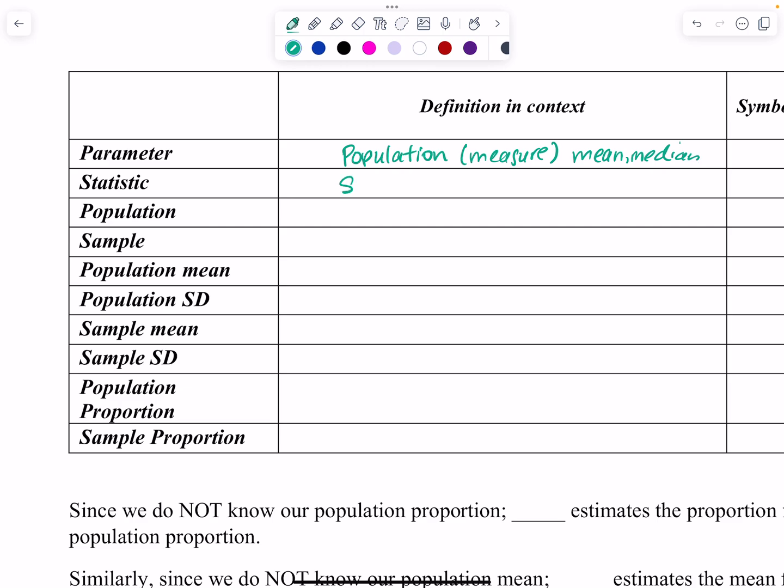A statistic is based on the sample. Same thing, but based on the sample. This is why I always tell you PP, parameter, population, SS, sample, statistic.